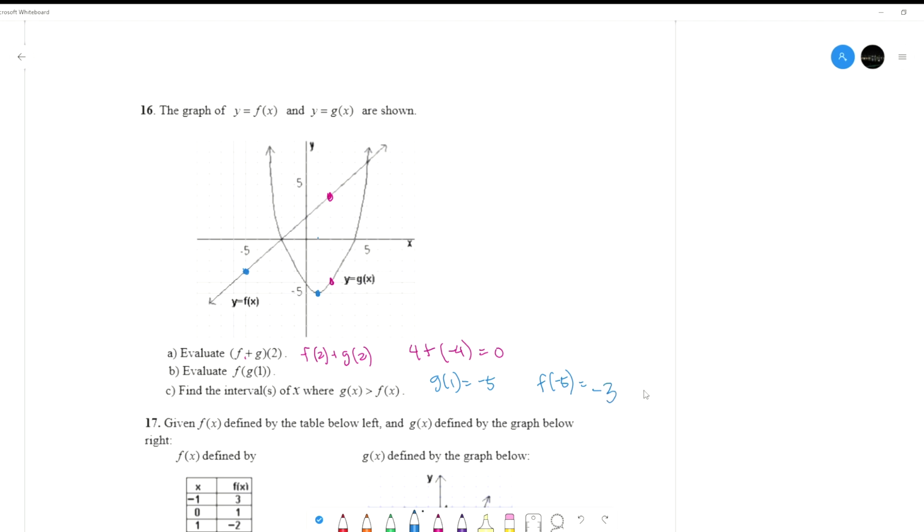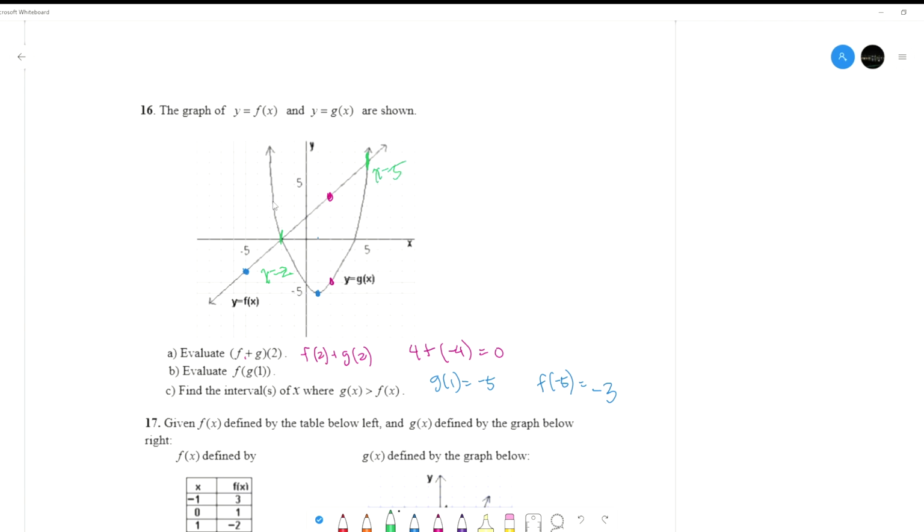Not bad, right? Find the intervals of x where g of x is greater than f of x. What does that mean? It means I have to first find where they intersect. These are the points they intersect, at x equal to negative 2 and 5.